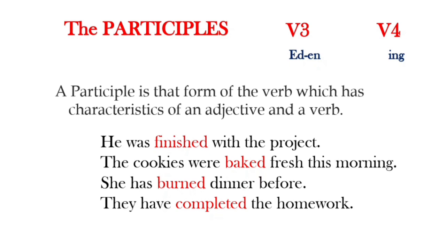They have completed the homework. Here finished, baked, burned and completed, we are using all these four verbs as verb 3, meaning past participles, not verb 2 past tense. This verb 3 belongs to the non-finite group of verbs.